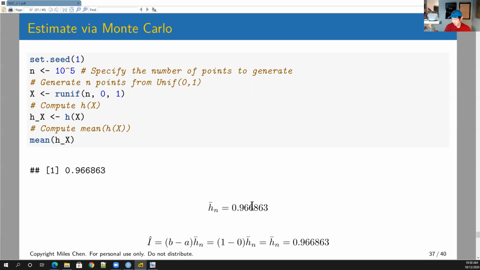Not a huge difference. The estimate of the integral would just be b minus a times that, which is 1 minus 0, so we're going to get that.